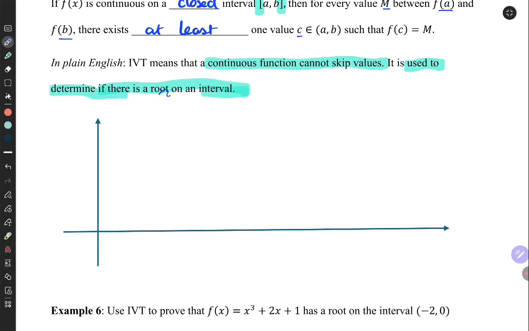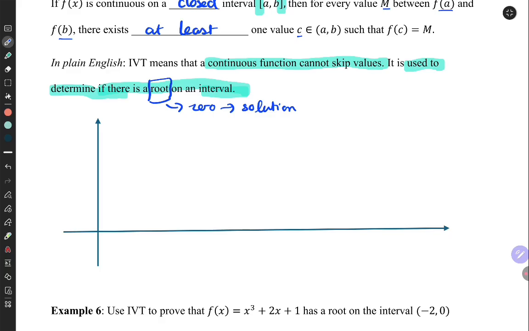Before we go into the example, what is a root? A 0, a solution of a function.